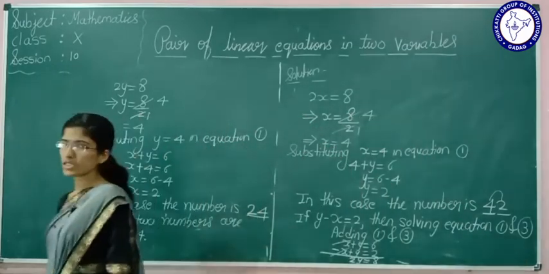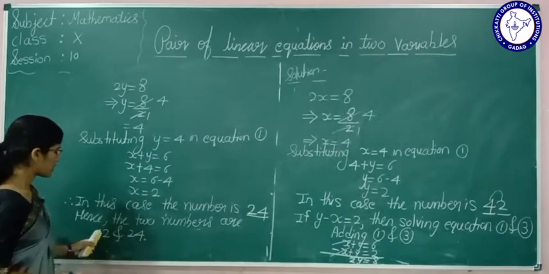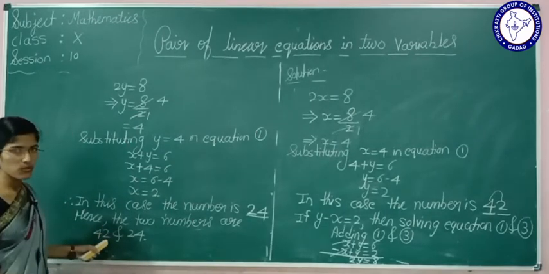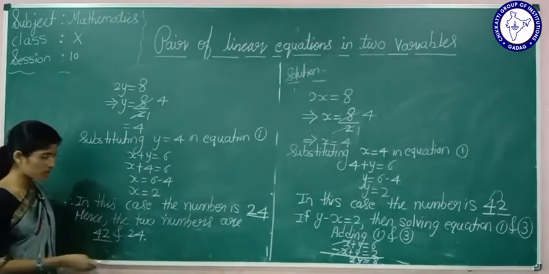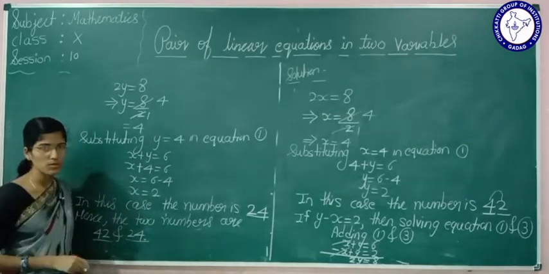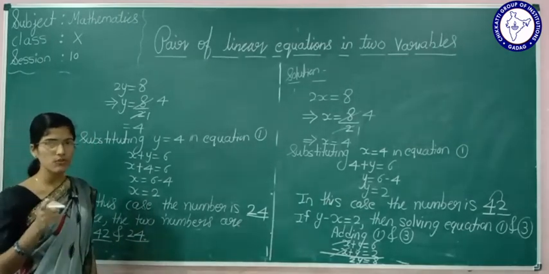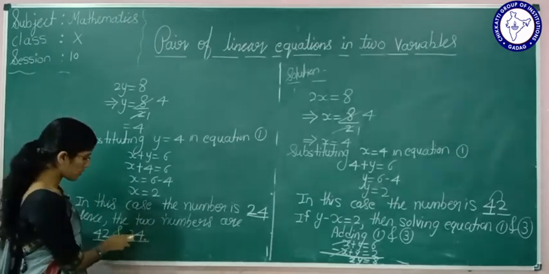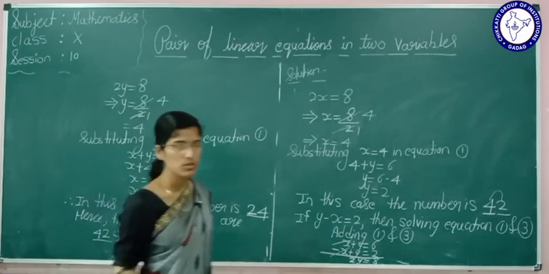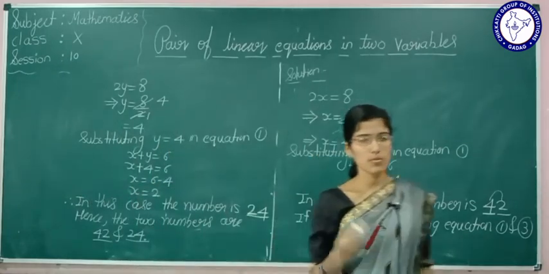Reverse 42, it is nothing but 24. 4 minus 2 is 2. 42 is possible, and one more number is possible, that is 24. Reverse 24, it is 42. 4 minus 2 is nothing but 2. In total, 2 such numbers are possible here.